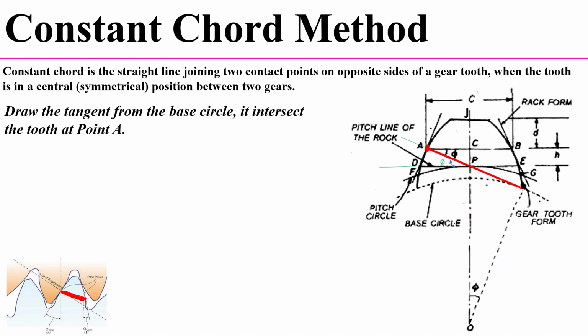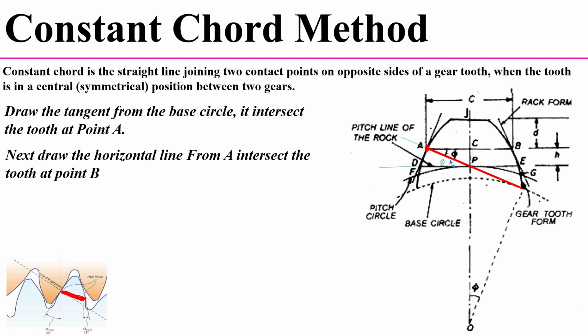After that, we draw a horizontal line from point A, and it intersects the tooth at point B. The line AB is called the constant chord.